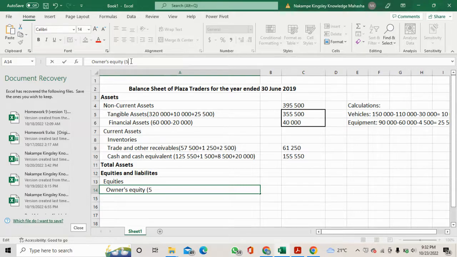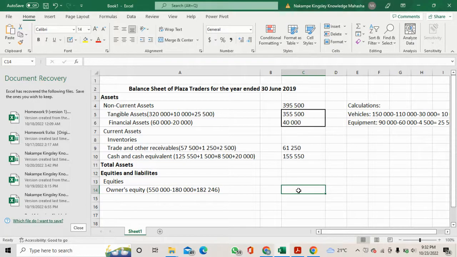So we're going to add 550,000, we subtract 180,003, which is for the drawings, and then lastly we add 182,246.